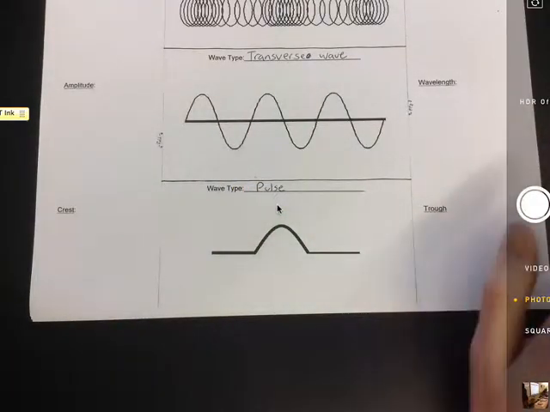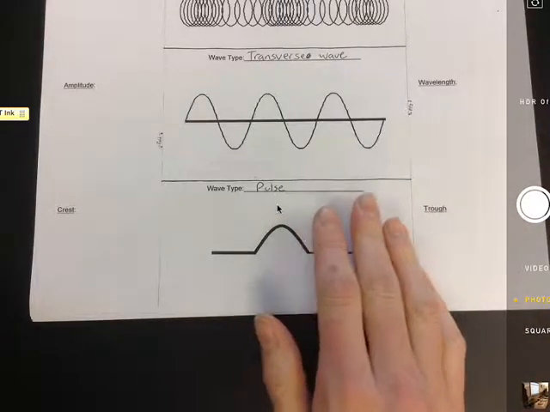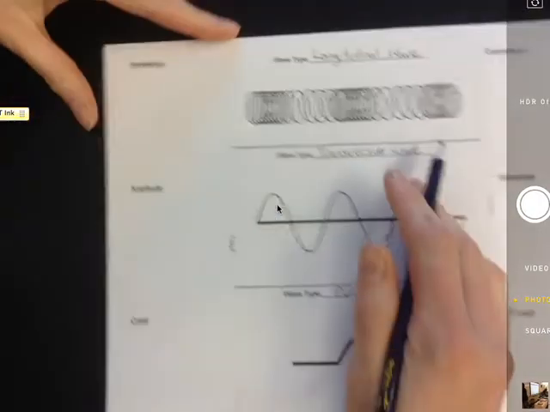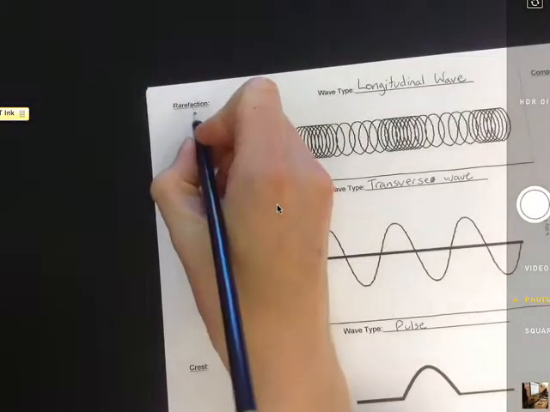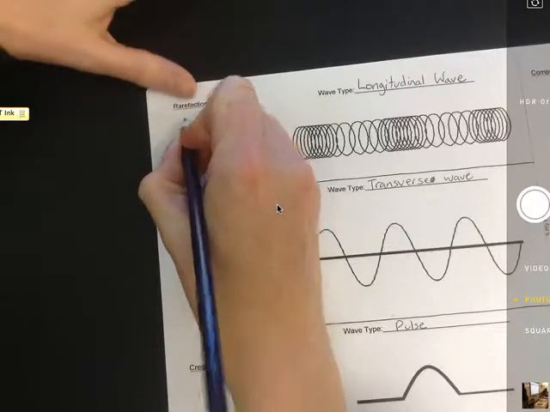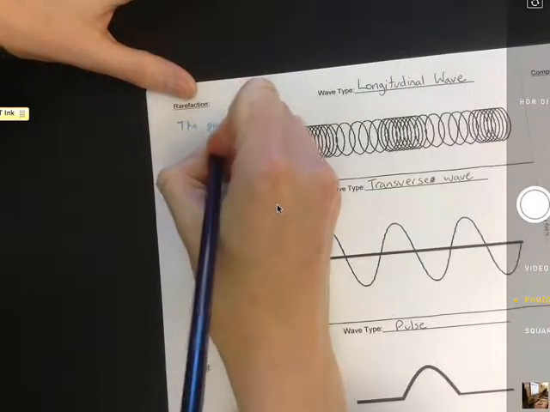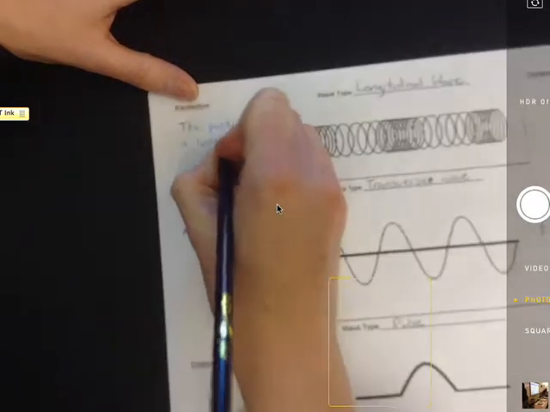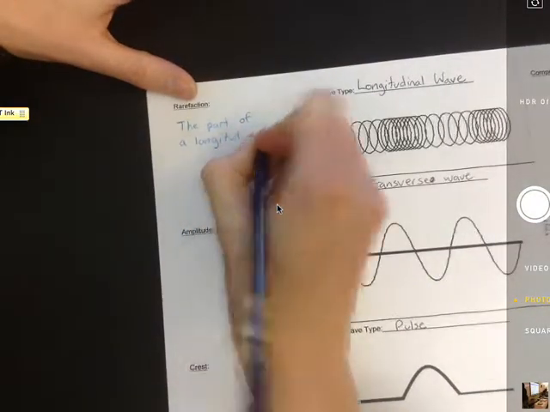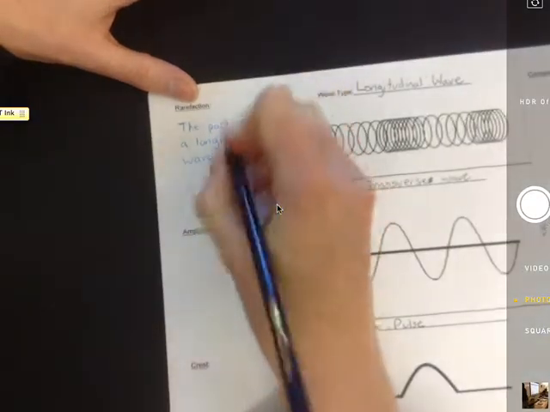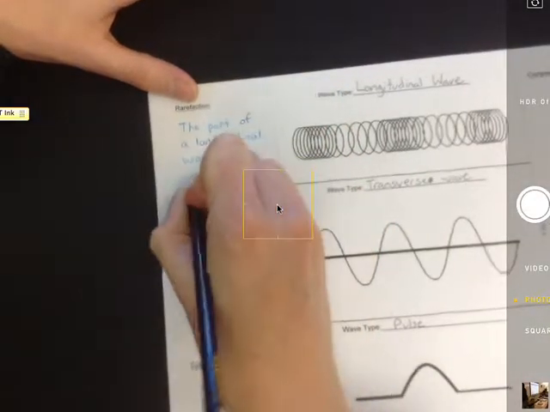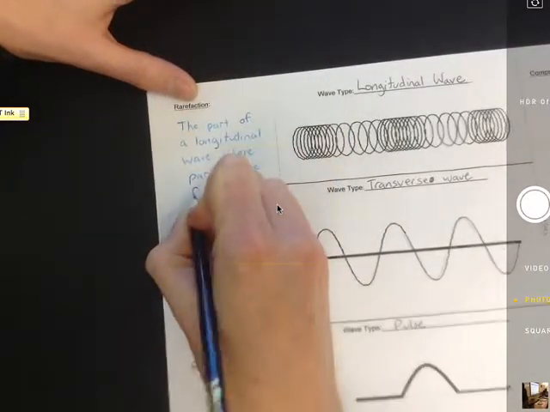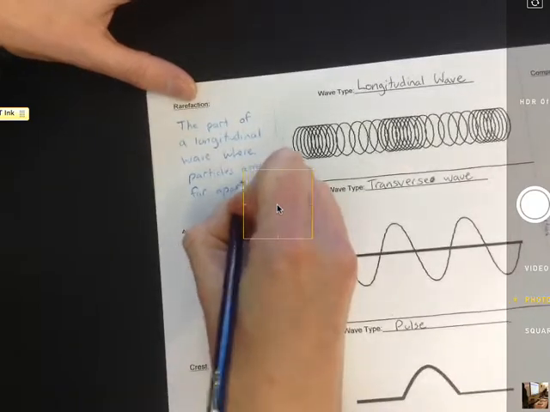So let's look at some parts here. I'm going to pick a color. Let's start with purple, blue. Okay, so I'm going to write the definition over here. This word is rarefaction. It is the part of a longitudinal wave where the particles are far apart.